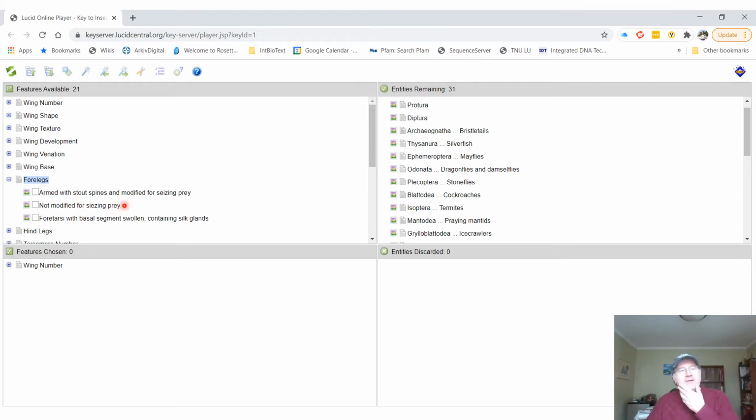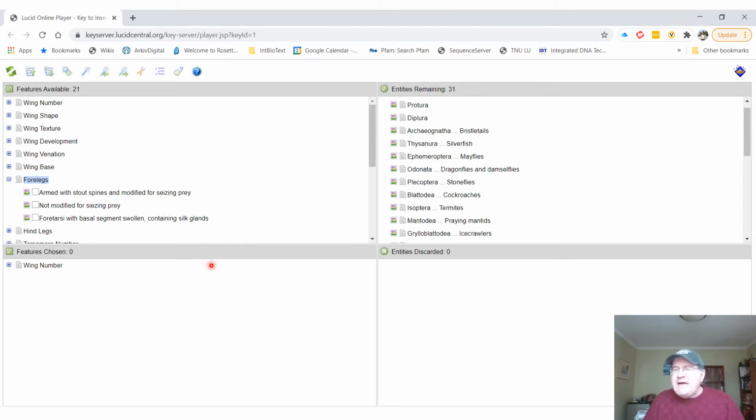And you need to read these, look at your specimen, and see which of these options your specimen matches. Are the 4 legs armed with stout spines and modified for seizing prey? Or are the 4 legs not modified for seizing prey? Or are the 4 tarsi with the basal segment swollen, containing silk glands?